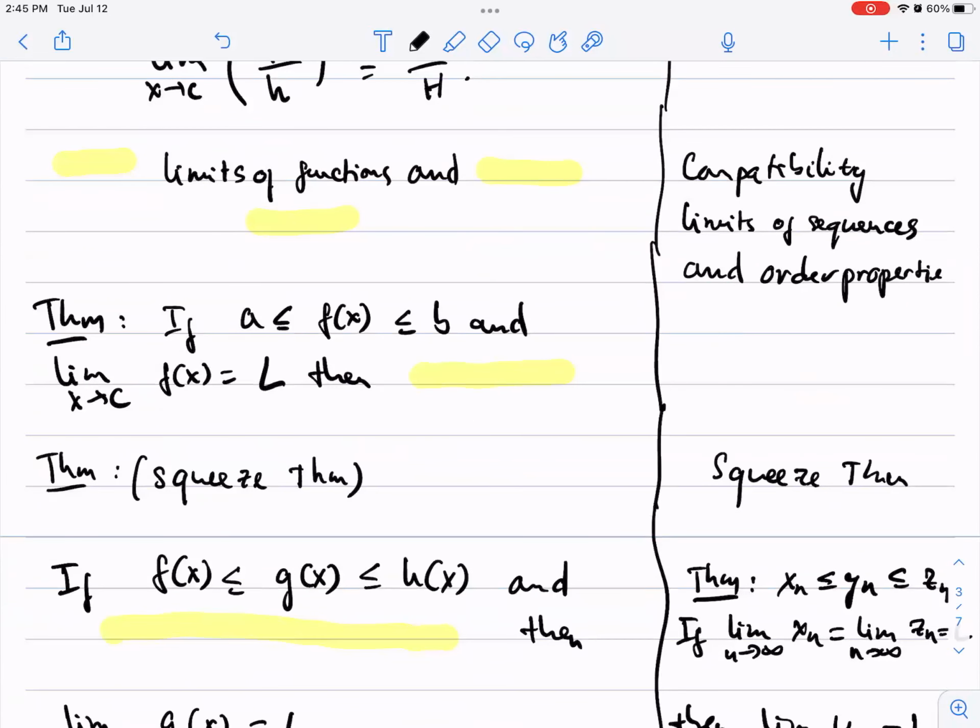Again, the next statement is about the compatibility between the limit of a function and the order property.